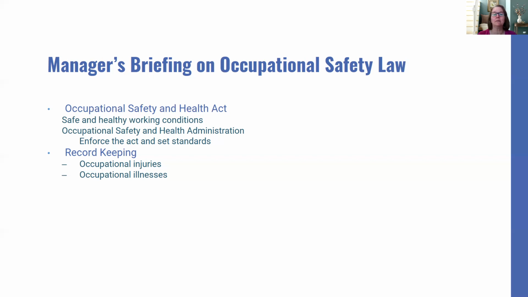So employers with 11 or more employees must maintain records of and report most occupational injuries and illnesses. An illness is any abnormal condition or disorder caused by exposure to environmental factors associated with employment. What the employer must report is basically all occupational injuries and illnesses, anything that results in medical treatment other than first aid.